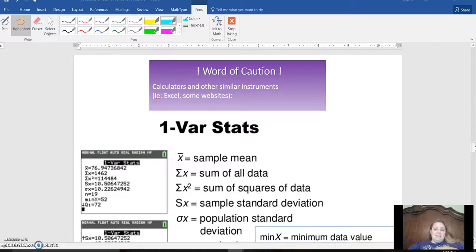And so the main thing that I'm going to use in this class is a TI 83 or 84 calculator. I have several that I use.